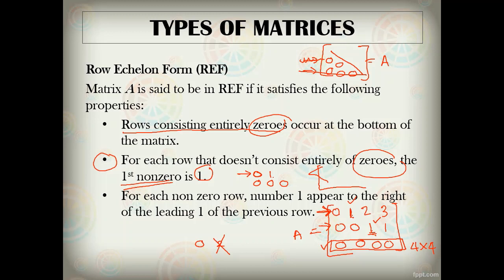It cannot start below. Even though the first non-zero is 1 here, which satisfies the second condition, it does not satisfy the third one, because this one must appear to the right of the previous row.